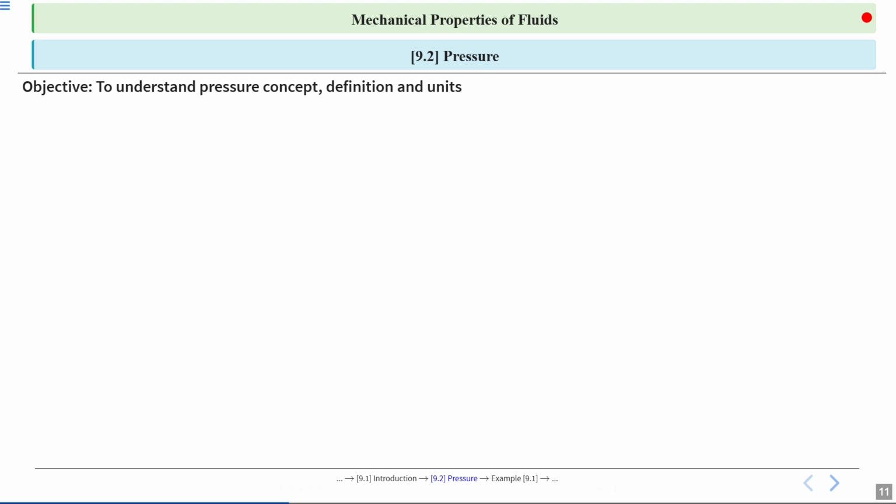Now, let's start with the historical context. The systematic study of pressure began with Pascal, a French mathematician and physicist. His work in the 17th century laid the groundwork for modern hydraulic engineering.